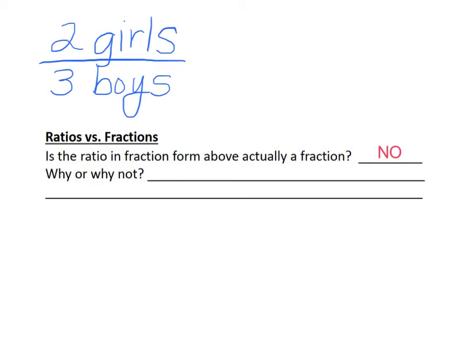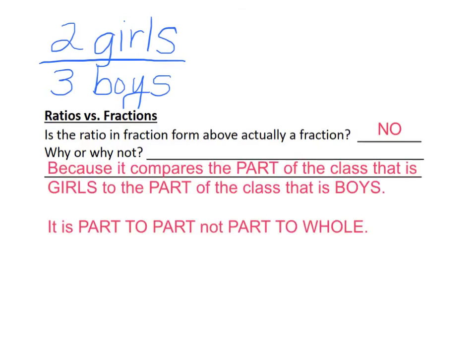What is the difference between those two things, and how would you explain it? This ratio is not a fraction because it compares the part of the class that is girls to the part of the class that is boys. It is part to part and not part to whole.